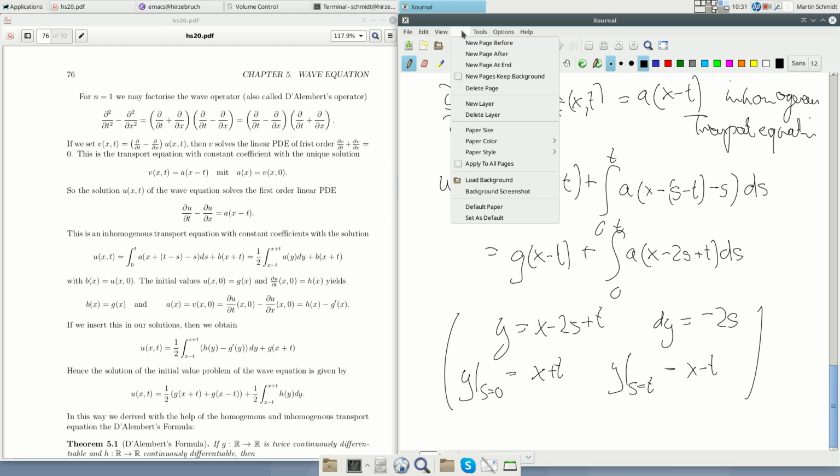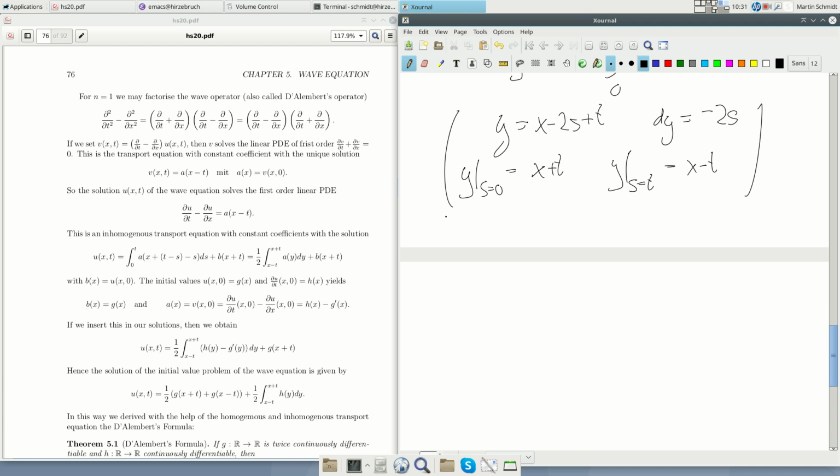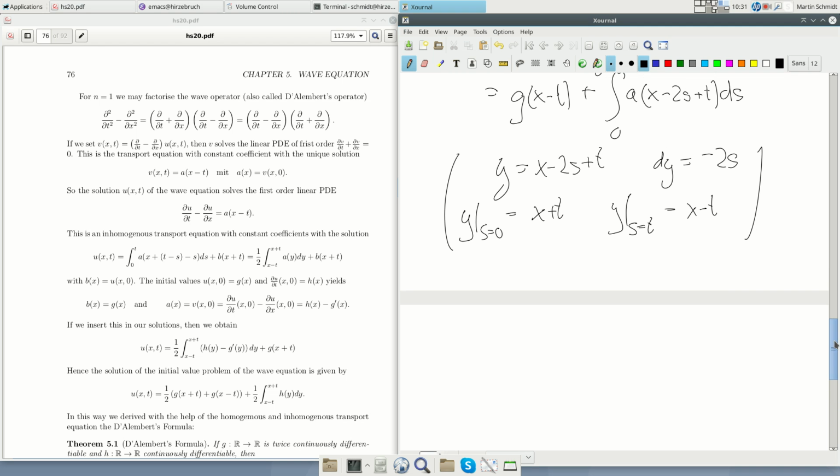Then this integral is equal to g of x minus t plus the integral from x minus t to x plus t, and we need an additional factor 1/2 to cancel this factor.